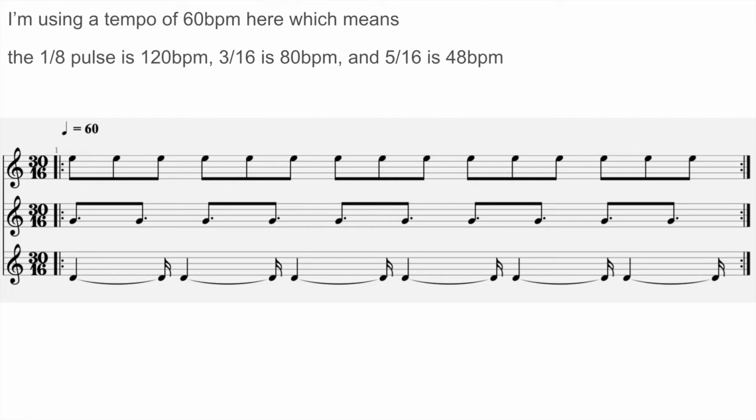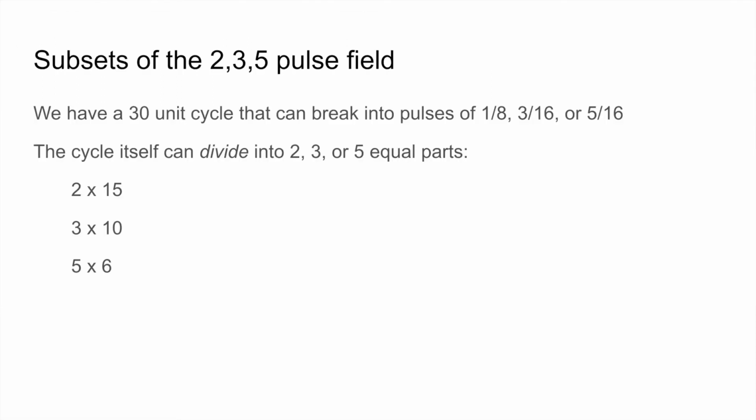And then the last line here, the 5/16, is going to imply a tempo of 48 beats per minute, because it is longer. Compared to the 80 beats per minute, it's about 66% longer, so that means it's 66% slower.